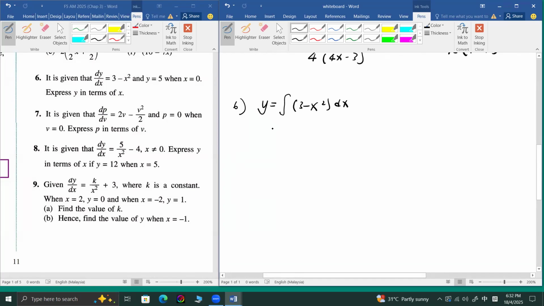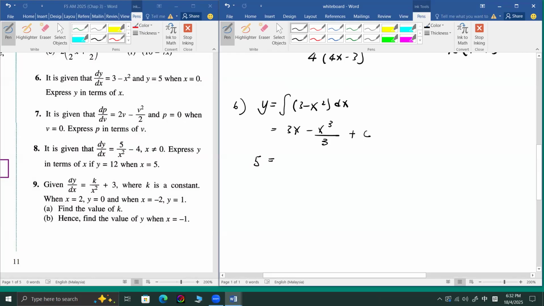Okay, so I do the same thing. 3 means 3x, 2 plus 1, here 3, plus c. And the difference is you are given x is 0, y is 5, so now I substitute y is 5, x is 0.